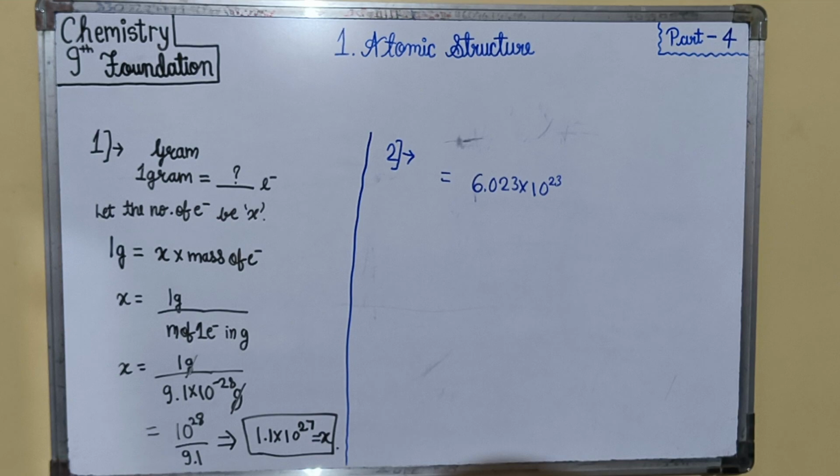Therefore, we need to find the mass and charge of 6.023 into 10 raised to 23 electrons.